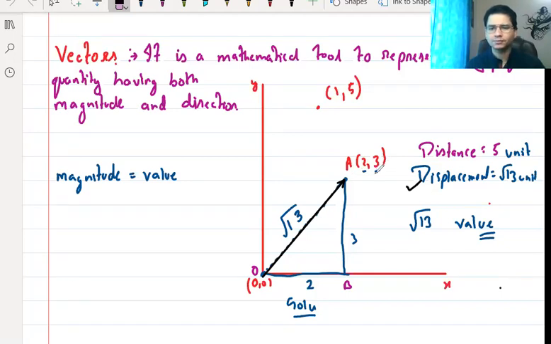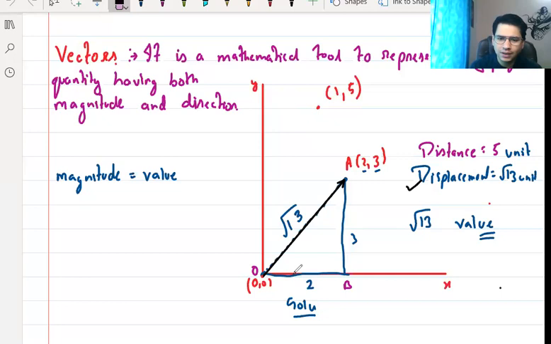If I ask what is the displacement from initial point to final point, we just draw an arrow which represents the displacement from initial point to final point. This arrow is called a vector, the displacement vector.